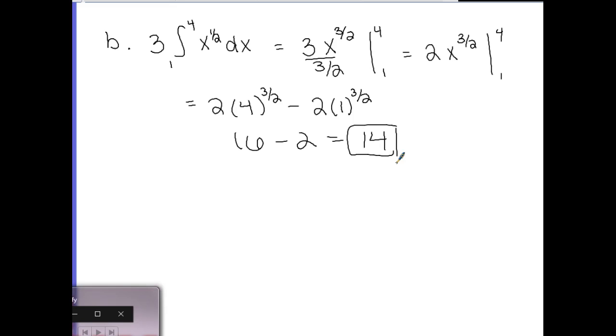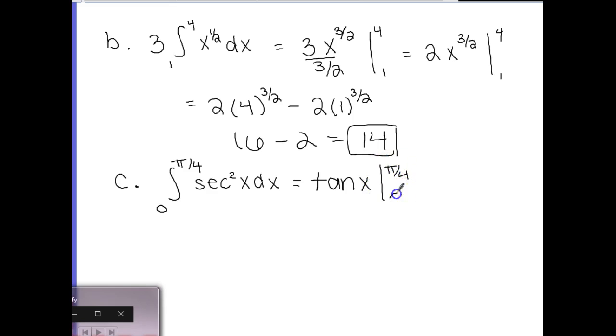What function gives the derivative secant squared? So, secant squared x dx becomes tan x from 5/4 to 0.